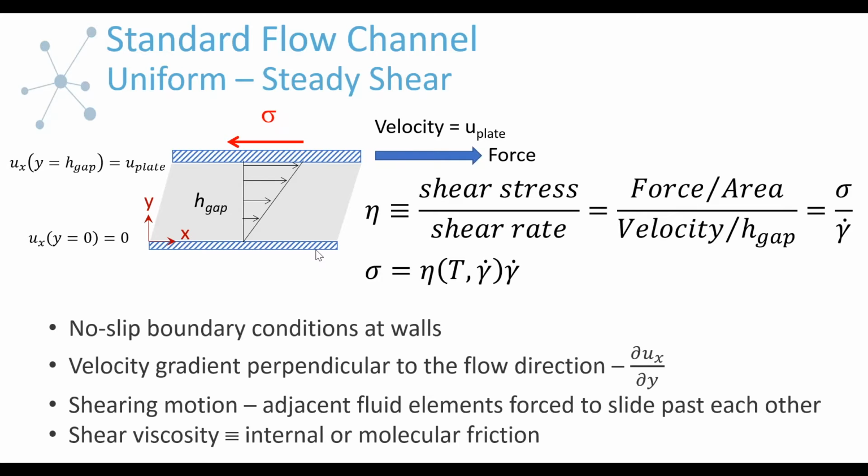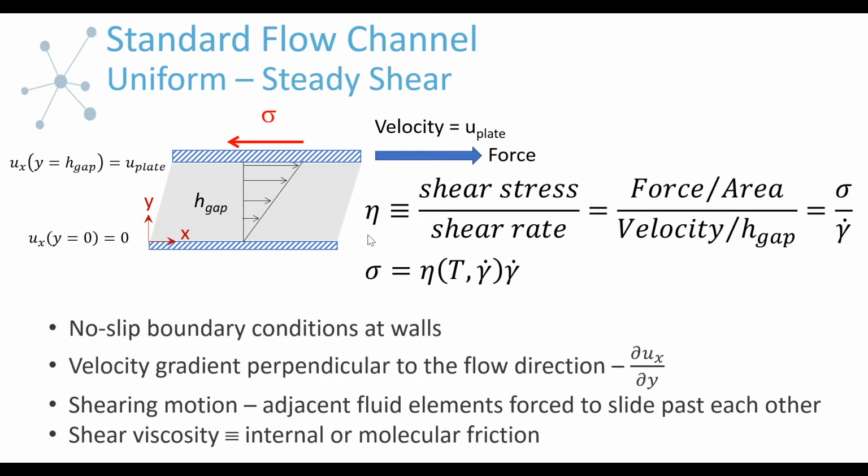Okay, so we want to understand specifically what steady shear is versus the extensional. So let's talk in detail about what happens in the standard flow channel, or the uniform flow channel, which gives us the steady shear. The best way to visualize this is if you're looking at basically a fluid between two parallel plates, the base plate stationary, the top plate being dragged along at some velocity.